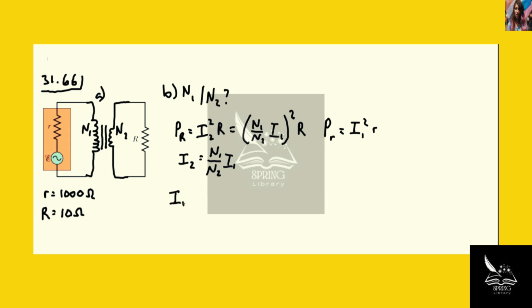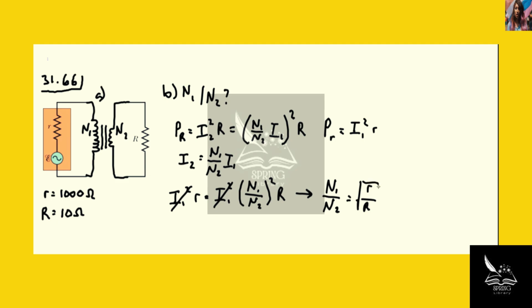So we have I1 squared little r is going to be equal to I1 squared times the turns ratio squared times big R. These cancel out, and so we see that the turns ratio we require is equal to the square root of little r over big R. So we're told that little r is 1,000 ohms, and big R is 10 ohms.